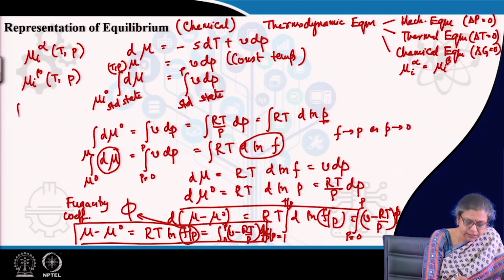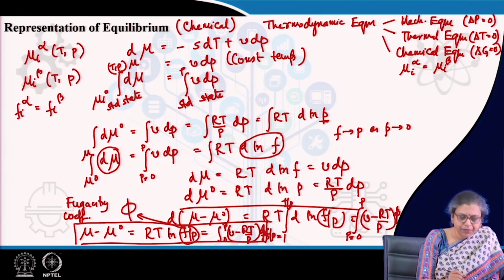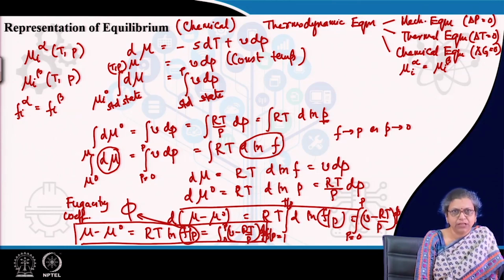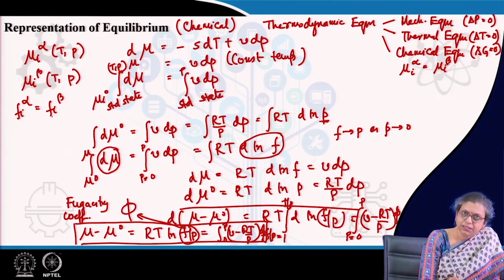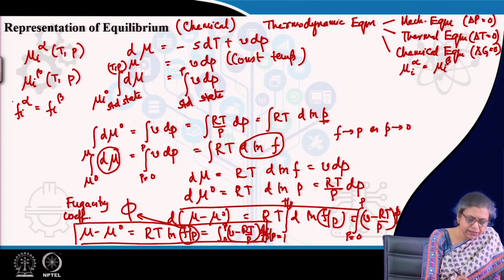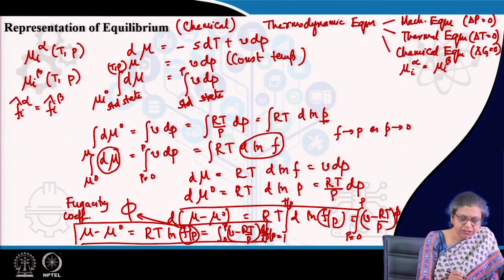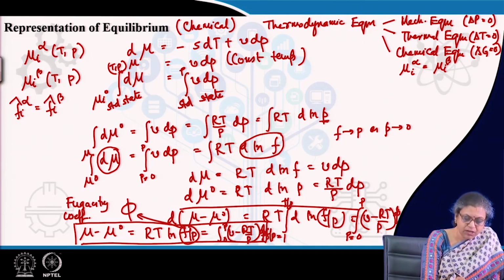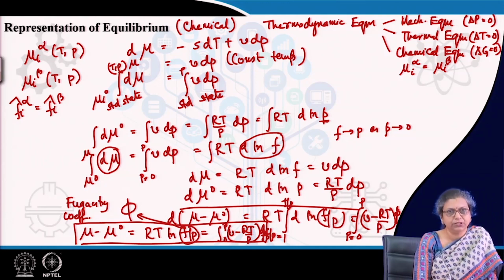For such a condition, Fi alpha will be equal to Fi beta for any component i if the component is pure; if the component is in a solution, naturally we denote it with a cap to show that this F of component i corresponds to the existence of i in a mixture.